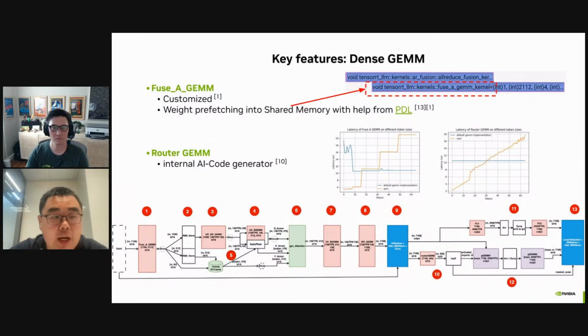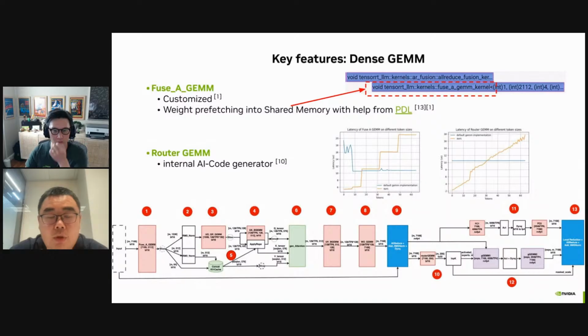And there are other highlights of these two kernels. For Fuse A GEMM, we have enabled the weight prefetching into shared memory with the help of programmable dependent launch. It's a specific feature of NVIDIA GPU.